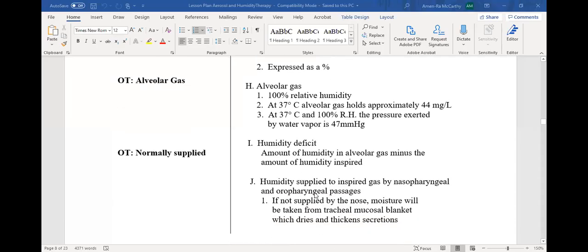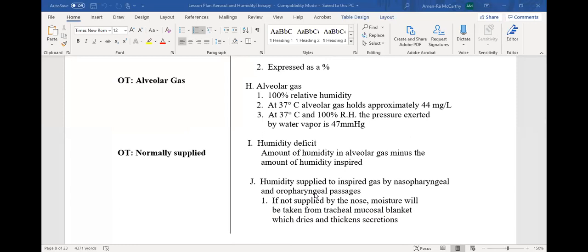So this is what I just said, H already. Number H, alveolar gas. Alveolar gas is 100% relative humidity. Why? Because it has the ability to hold 44 and it's holding 44. Therefore, it's completely saturated, or a relative humidity of 100%. Okay? Got that, D? Okay.